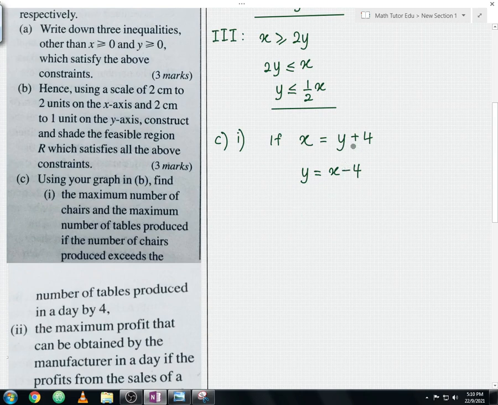That is the reason why I'm expressing the equation y in terms of x. You need to choose any 2 points in order to plot the graph. By the way, I've already plotted the graph for you, so let me show you the graph for y equals x minus 4.